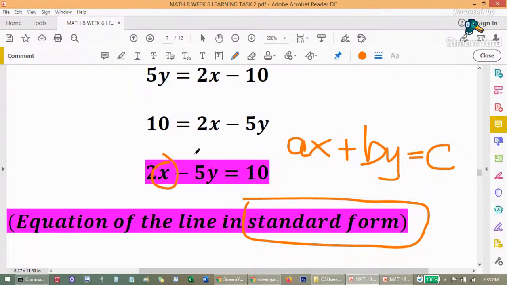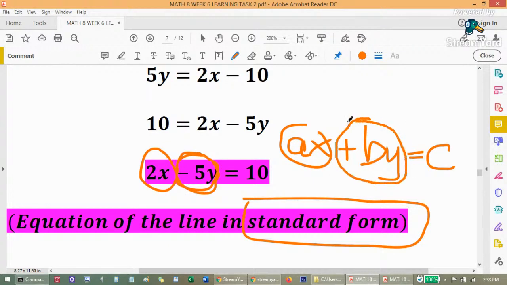Okay? Ito yung x term, ito yung b term natin, ito yung y term natin, no? Pwede siyang maging negative, pwede siyang maging positive. Ito yung c term natin. Pwedeng maging positive din yan at pwedeng maging negative din yan.